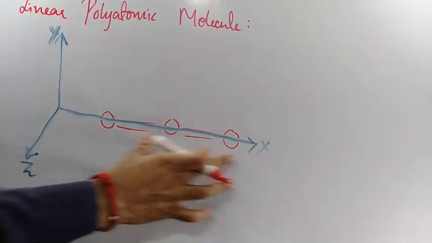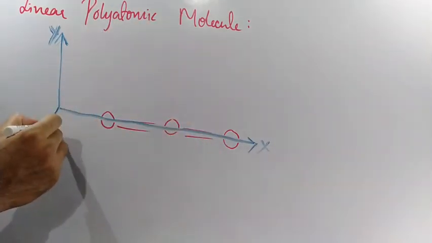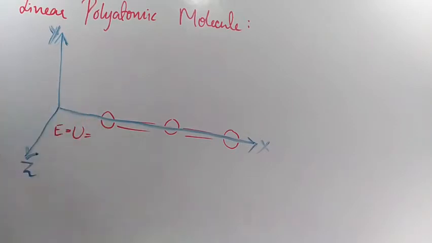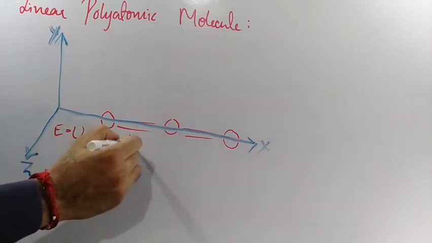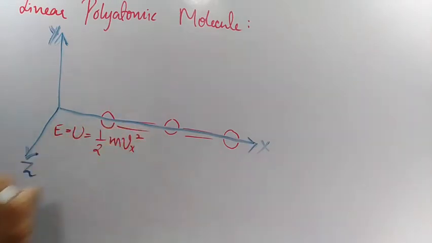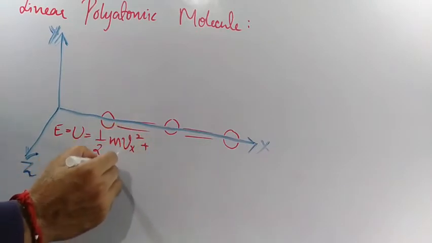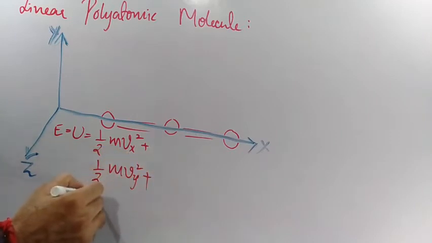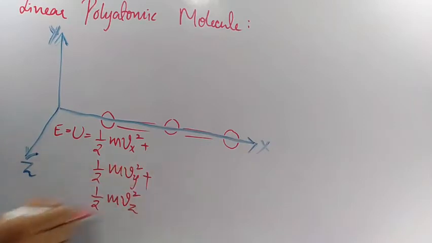First of all, if it is moving completely along the x-axis, y-axis, z-axis, then the total energy E, which is nothing but the internal energy U, is equal to half m Vx square, clear, plus half m Vy square plus half m Vz square.